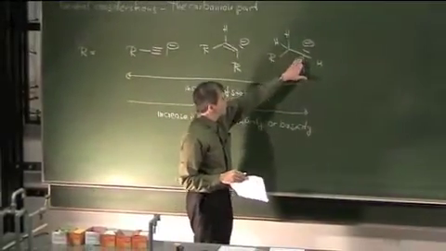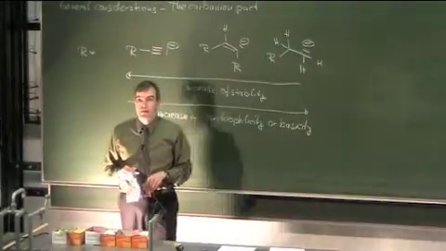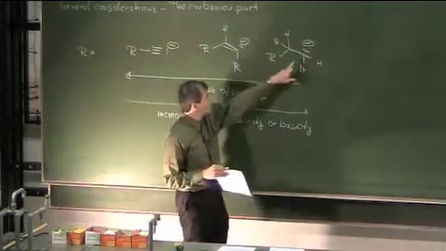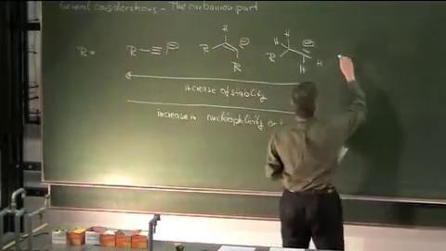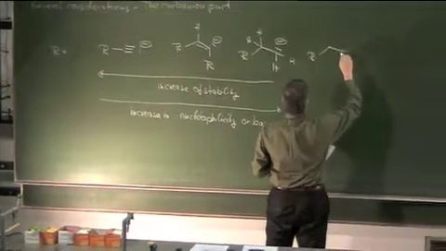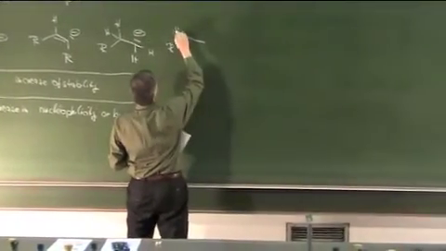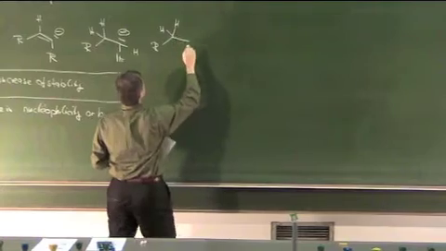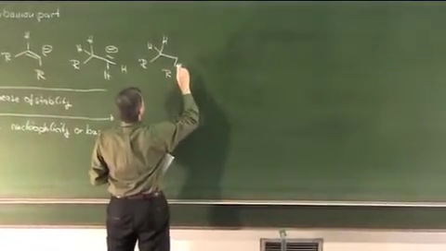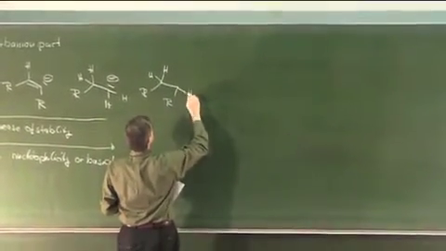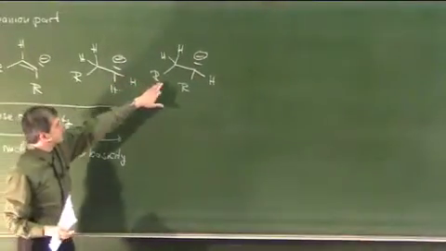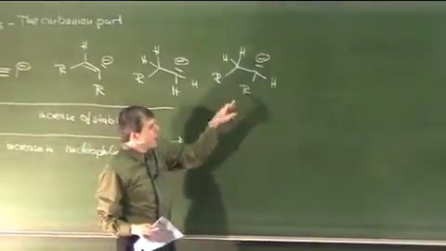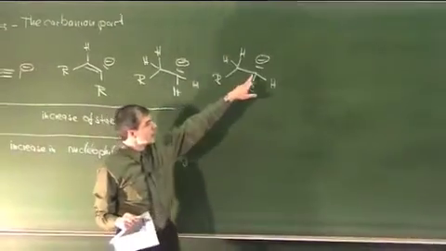If we look here for a moment at the carbanions being on an sp3 carbon, then we can make some further reactivity order here, and that is the more alkyl groups we put on that carbon atom.